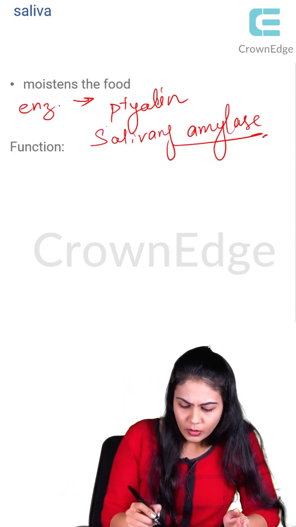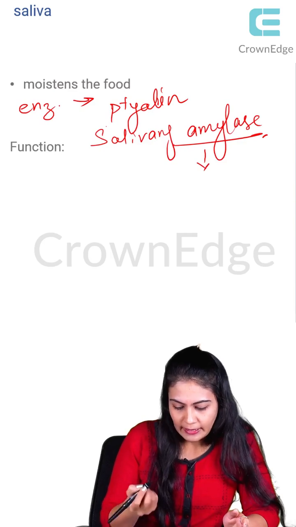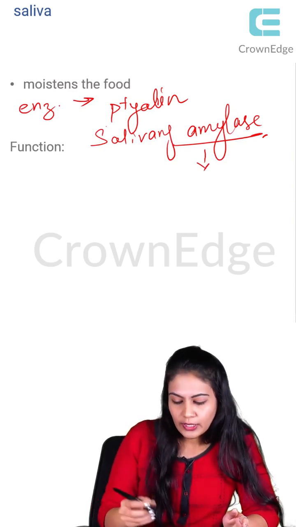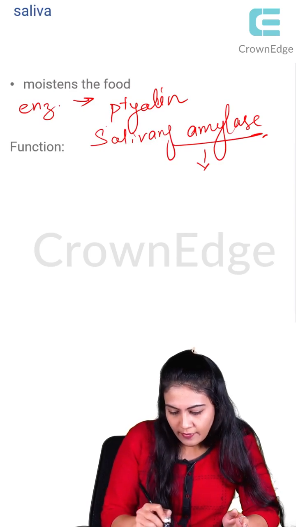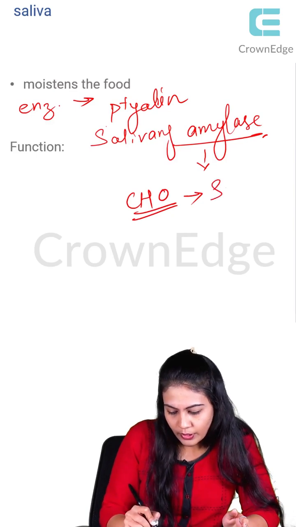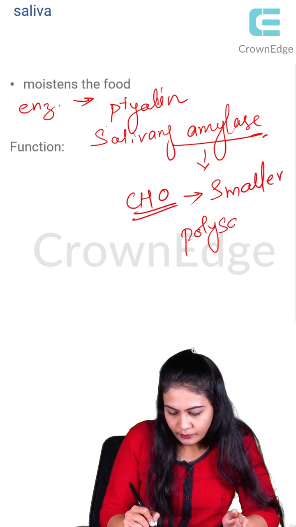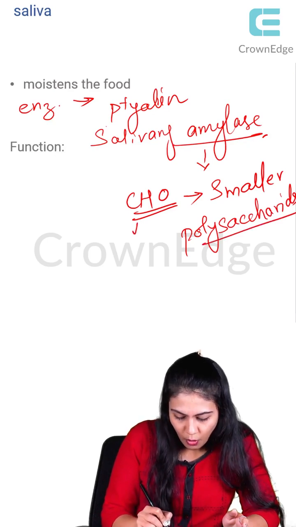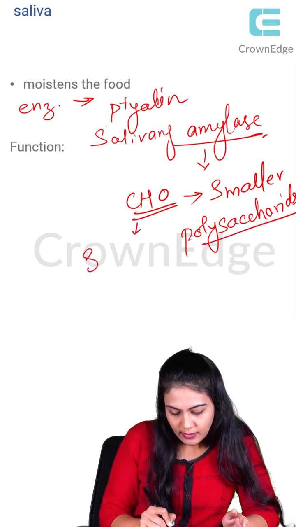So what the ptyalin and amylase will do is break down the food into smaller pieces. That too, if it contains carbohydrate, it will break it down into smaller polysaccharides, right? And which form of the carbohydrate? It is the starch.